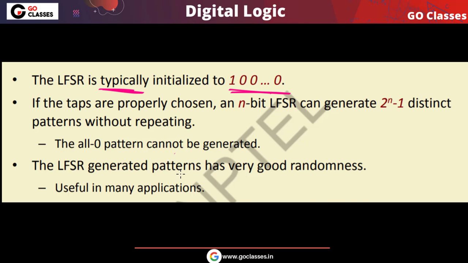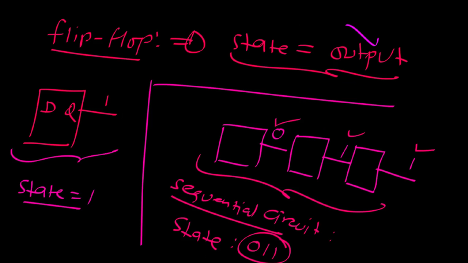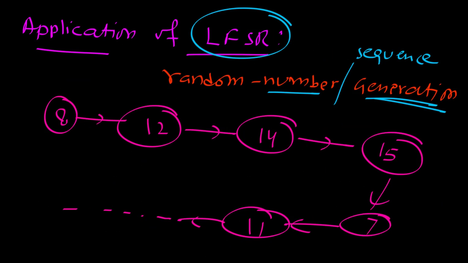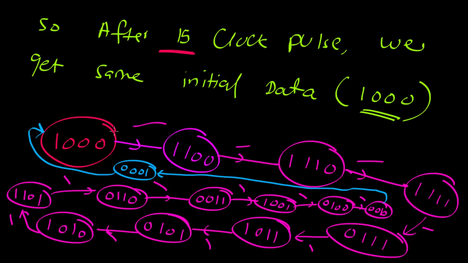Just notice in this example, if you start in this state 1 0 0 0, then after 15 clock cycles, after 15 clock pulses, you will again get back to this state.